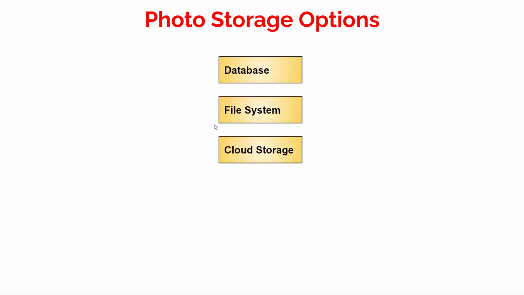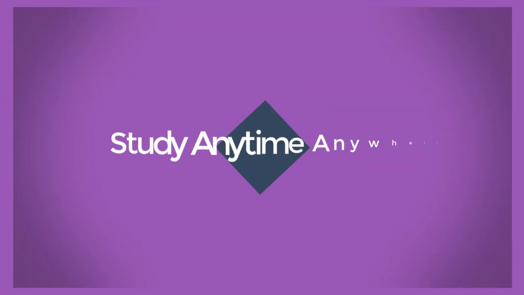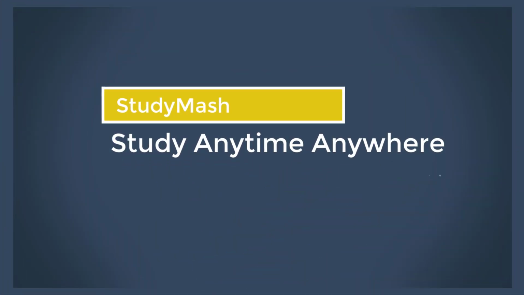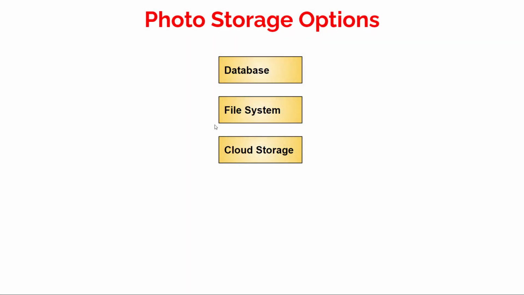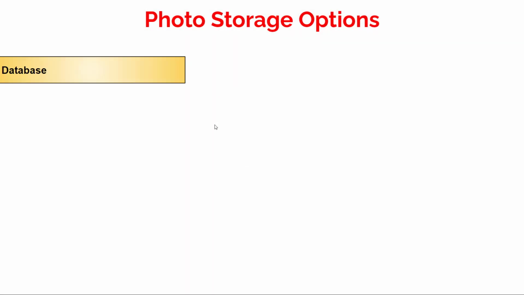Let's first understand the advantages and disadvantages of each option, and then we will decide the best option for our application. So we can use a database to store the images, but this is the least recommended option due to various reasons.